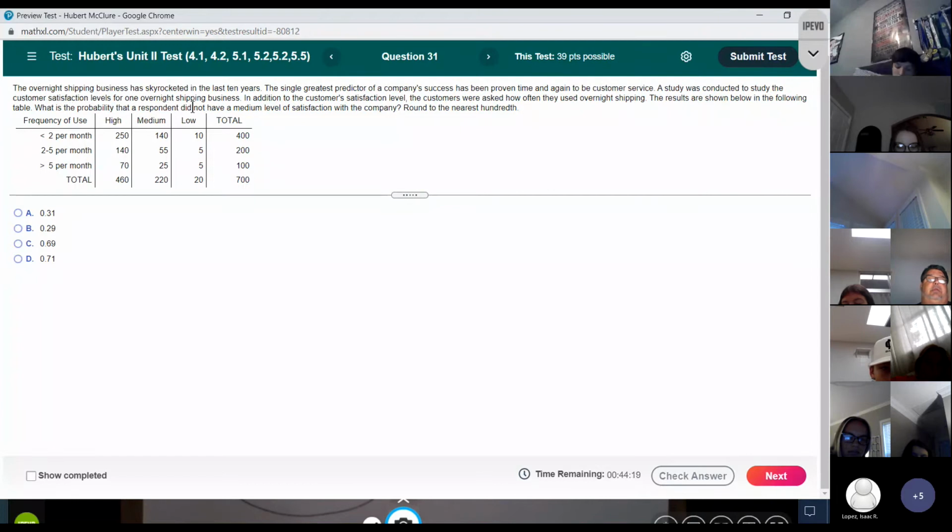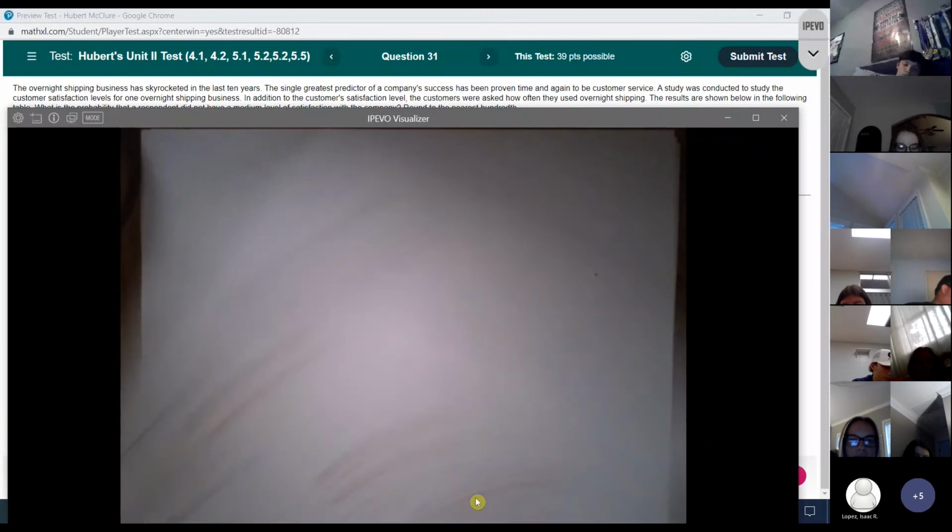What is the probability that a respondent did not have a medium level of satisfaction with the company? Not have a medium level. These are medium right here. So you could take this probability away from 1, and that would be not medium. So 220 over 700, so that'd be 1 minus 220 over 700.